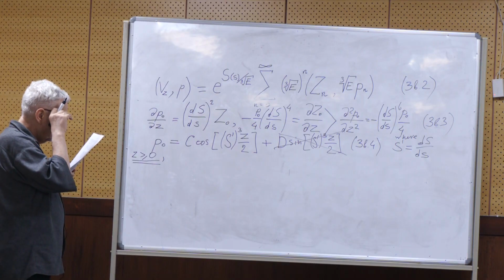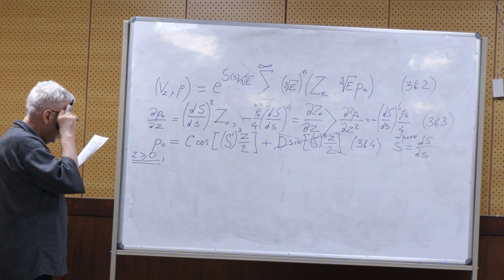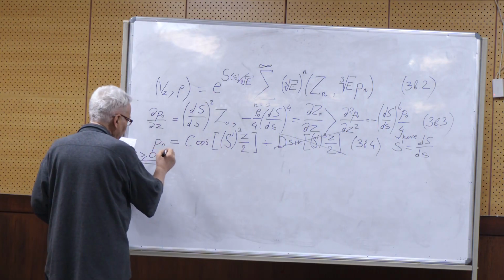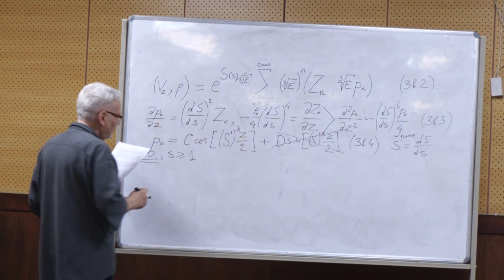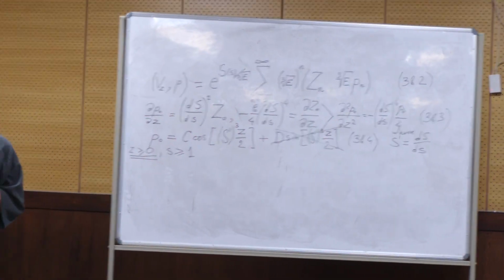But another temporary condition we first consider is that S is greater than or equal to 1. So the outer part of this shear layer, which is on the way to the outer boundary.